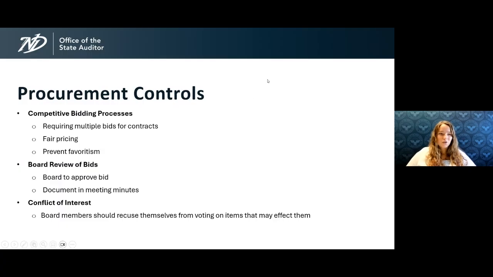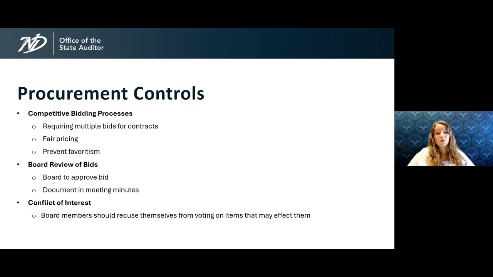So, moving on to procurement controls, starting with competitive bidding processes. Again, this can be difficult if you live in a small town, but there is a requirement for multiple bids for contracts to make sure you're picking the most fiscally responsible bid. So you look at fair pricing and prevent favoritism, so that not one contractor is getting every single bid.